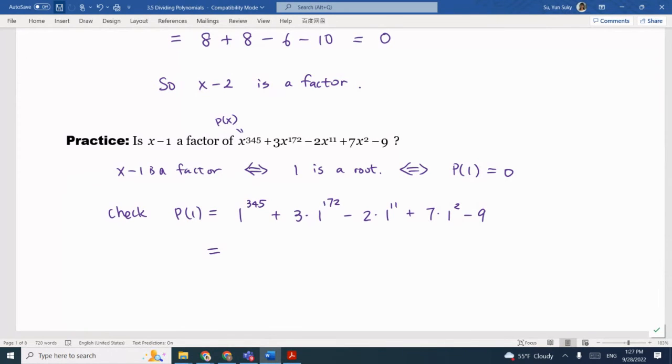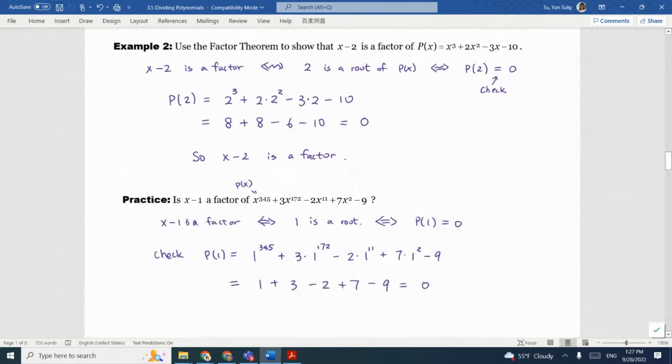And do you know 1 to the whatever power is 1? Yes. So this is just 1 plus 3 minus 2 plus 7 minus 9. Oh, what is that? 0. How nice. Okay, everybody?